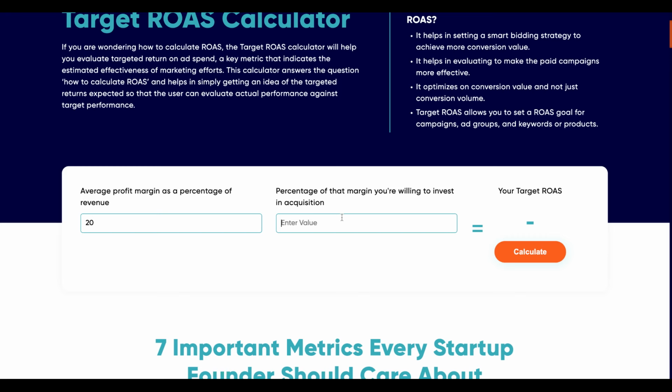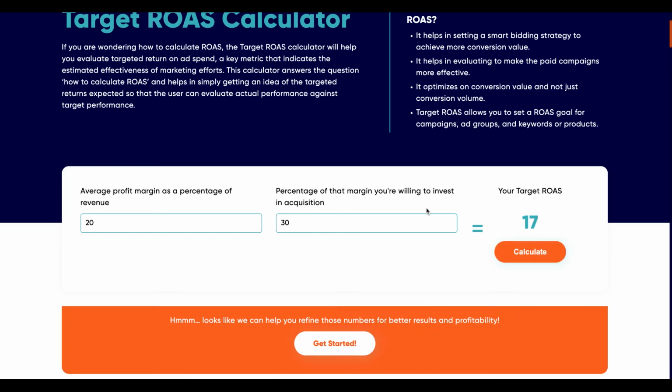So it's actually your investment in customer acquisition, which is your willingness to spend a percentage of the profit margin on acquisition. Let's say you want to spend 30% of profit margin on acquisition. Simply hit calculate. After plugging in the values, you get your target ROAS of 17. This means you should aim to generate $17 for every $1 spent on the advertisement campaign.